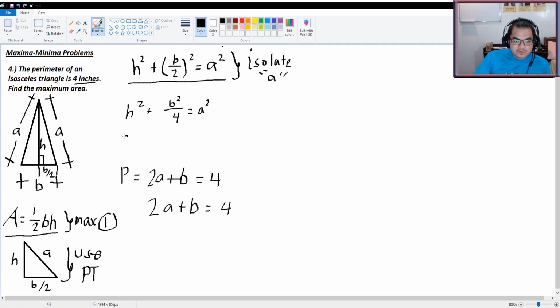So you'll have here A now will be equal to H squared plus B squared over 4, then square root. And this, let's say this is your equation number 3.